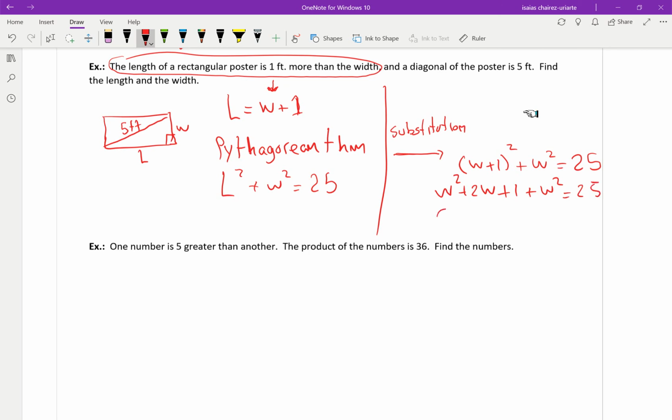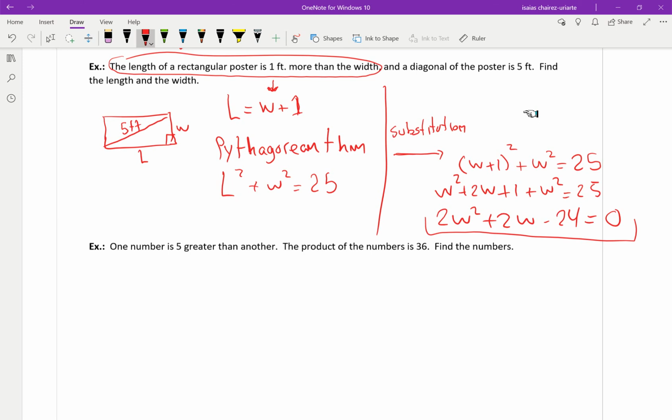So that becomes 2W squared plus 2W minus 24 equals 0. This is the equation you're going to have to solve. And I'll let you solve it on your own. I don't want to deprive you of the pleasure of figuring out the width of this poster or the length.